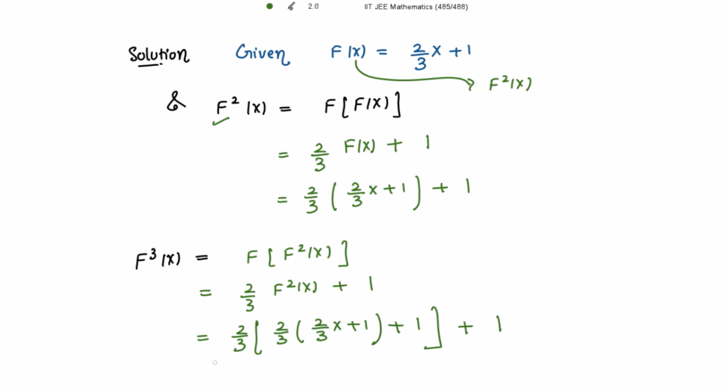So when opening the brackets, we get 2 divided by 3 whole cube x plus 2 divided by 3 whole square, plus 2 divided by 3, and then plus 1. If I have power 3 over here, the first term will be 2 divided by 3 whole cube x, then the power decreases for 2 divided by 3.